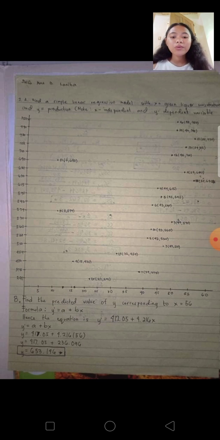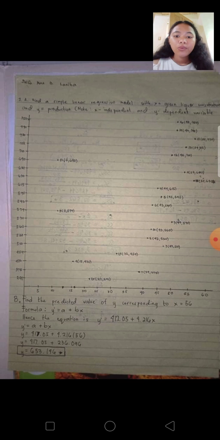And ang ato ang equation diri nga part is Y sub 1 is equal to 417.05 plus 4.216 times X, or the 56.